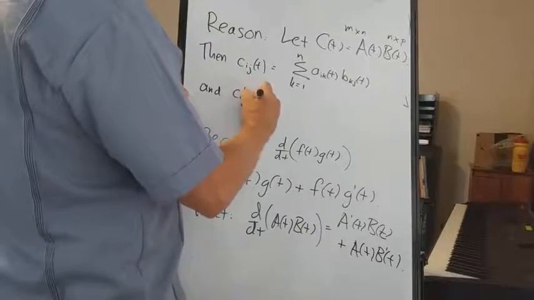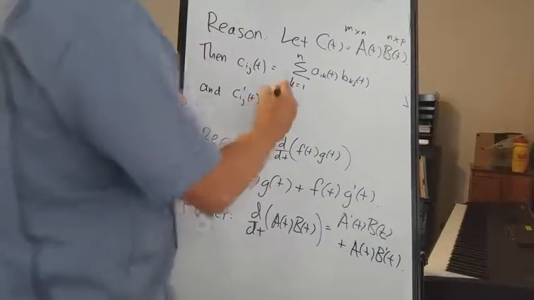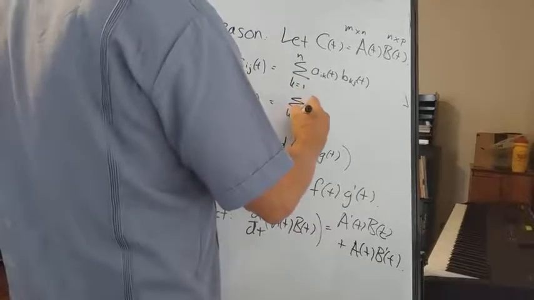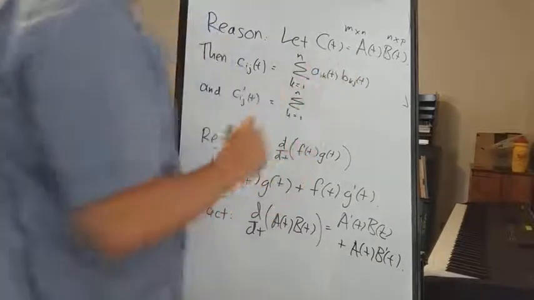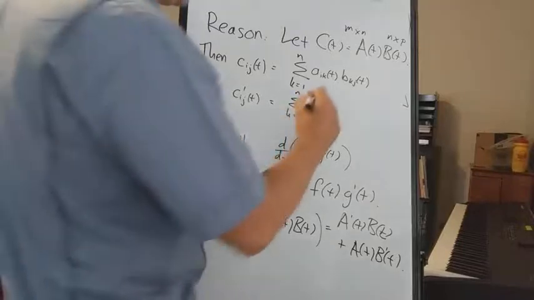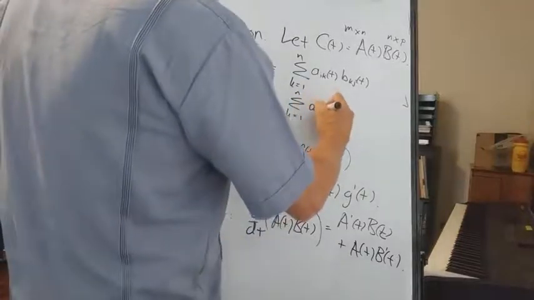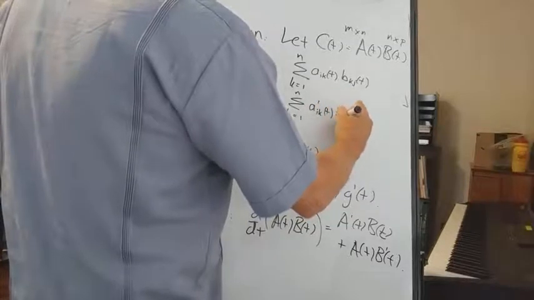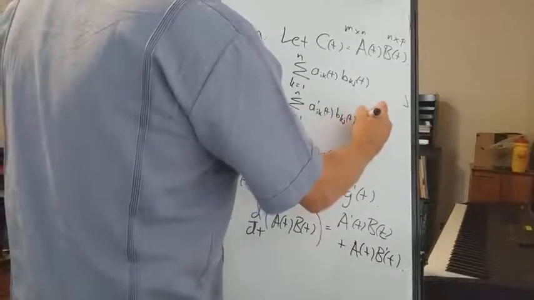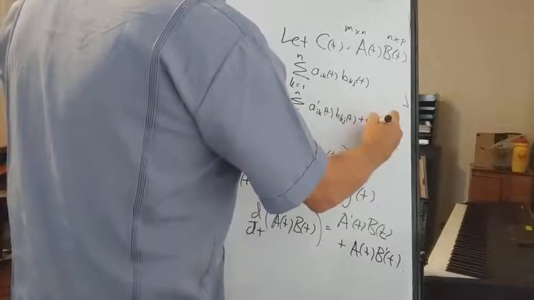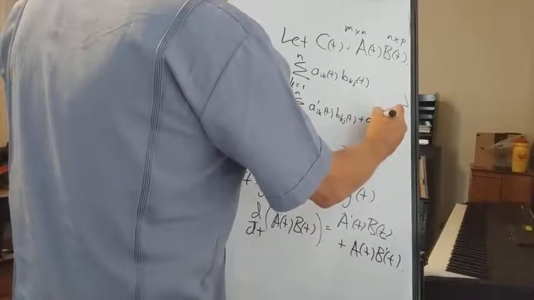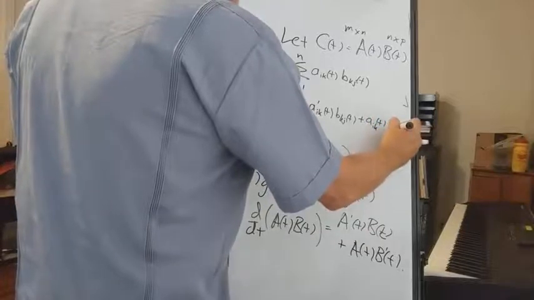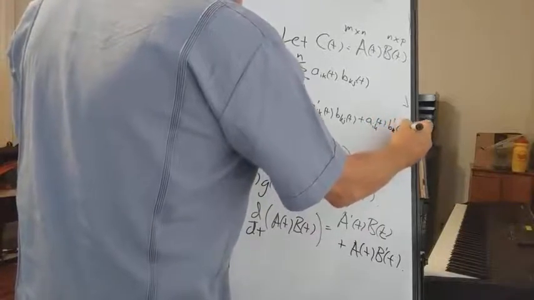And if we take derivatives of these entries, then we use the product rule on these two functions. We'll have a prime ik of t, b kj of t, plus a ik of t, b prime kj of t.